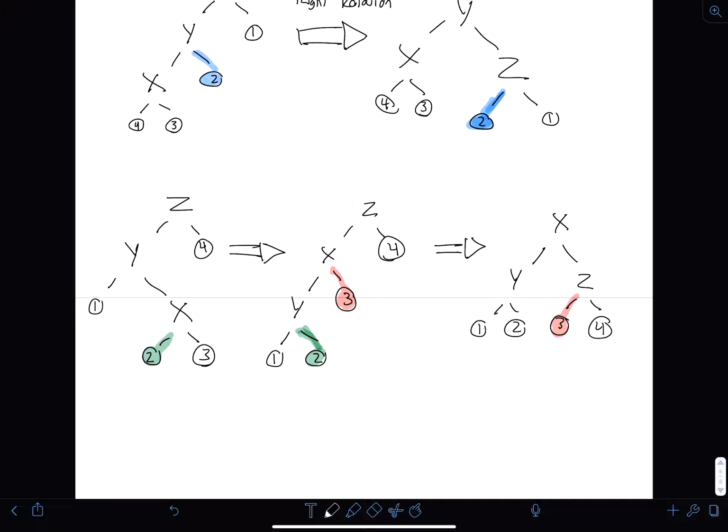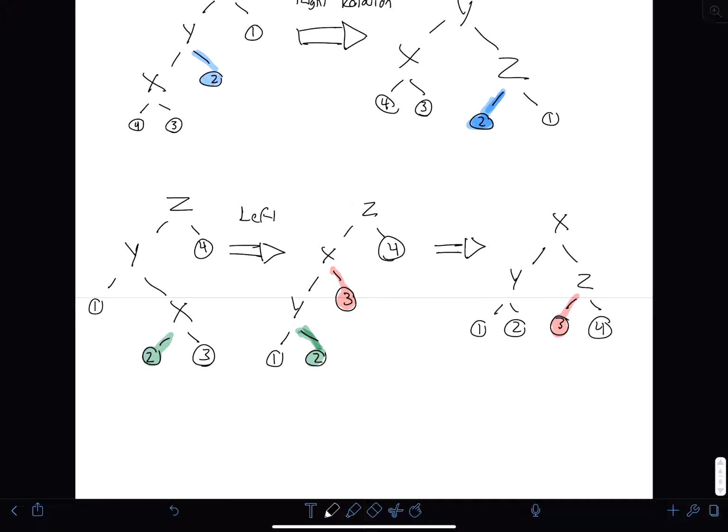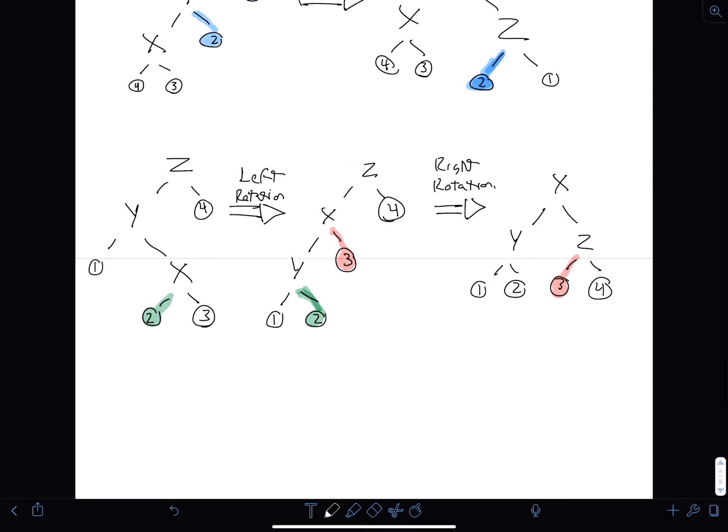Or you can just hard code a rotation here, because this would be called a left rotation here, right? And then this is a right rotation. Do you see why it's a left rotation? Because we're rotating Y, X, and then that imaginary A. That's really why. In fact, maybe I highlight it with yellow.